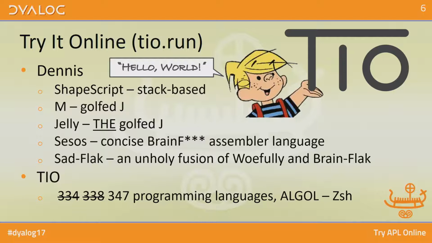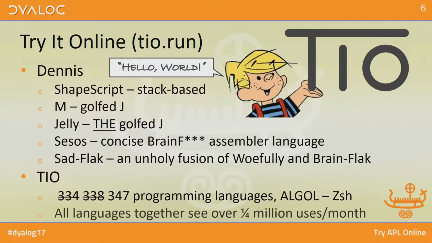Everything in between, approximately a third of those are practical, real-life use programming languages, and the rest of them are various experimental or for fun languages. It's been around for a little over two years. As I mentioned, APL has only been there for half a year. And today, all these languages together see over 250,000 users per month.